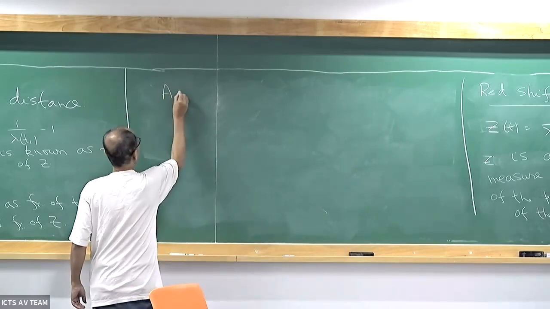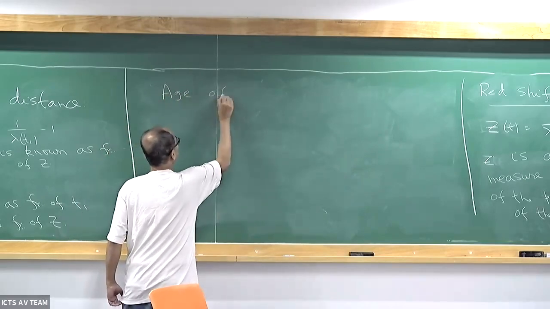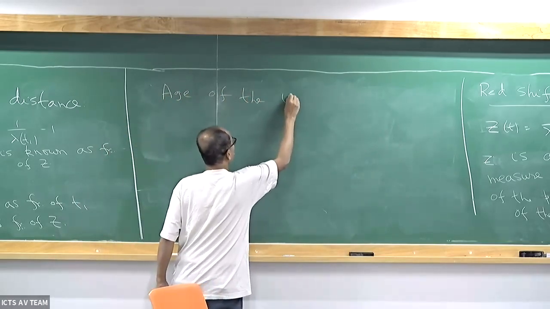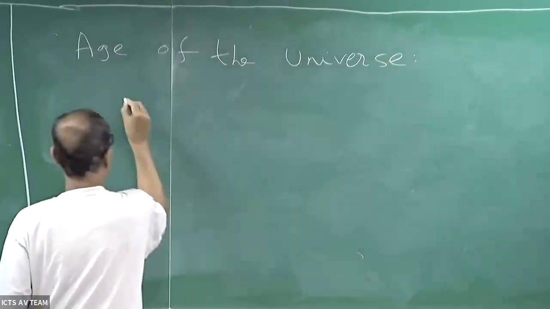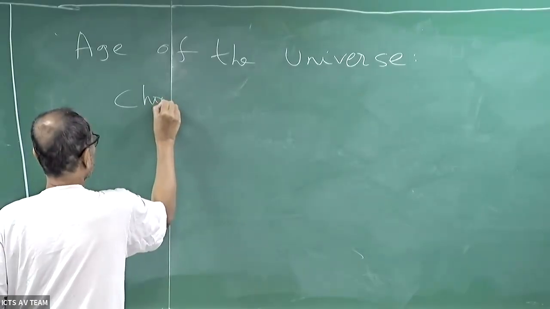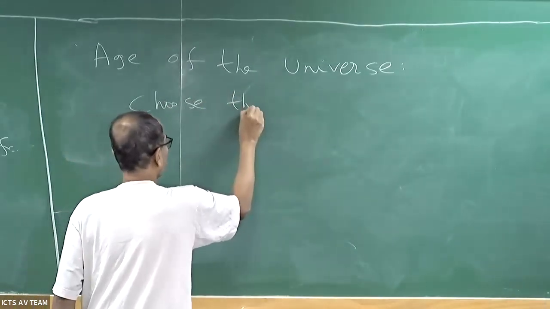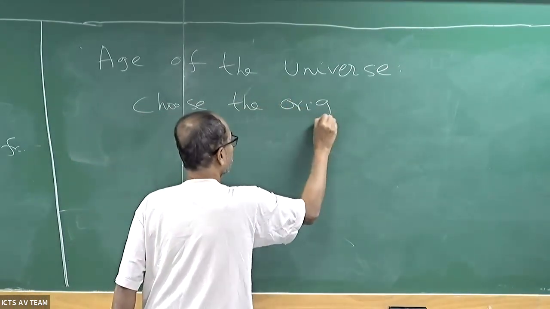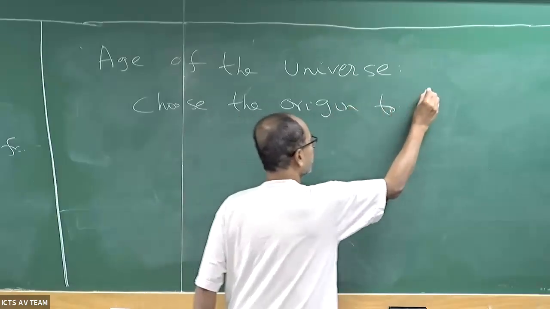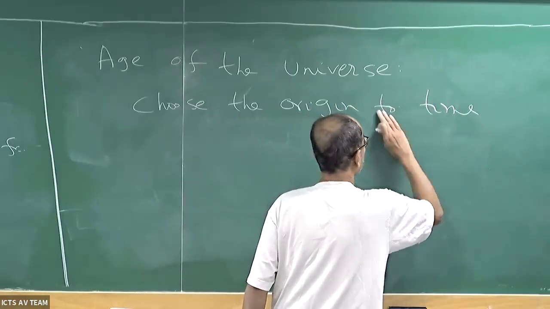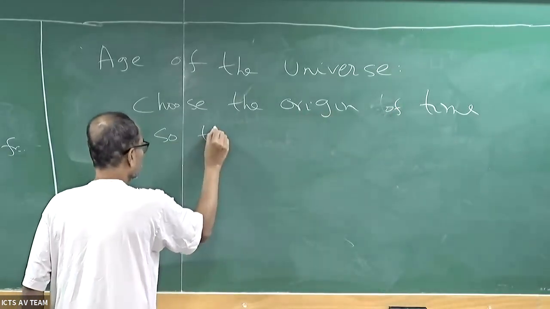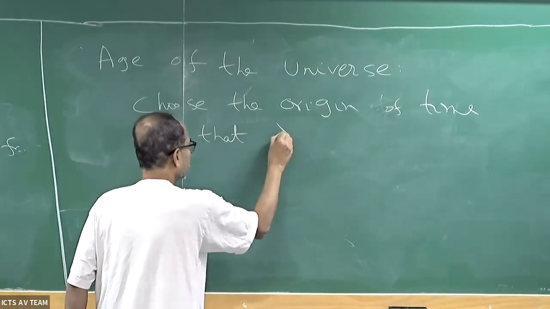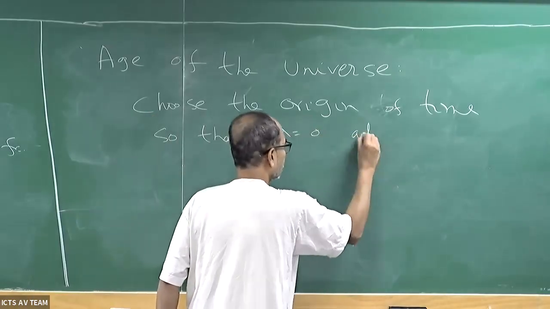We choose the origin of time so that lambda is 0 at t equal to 0.